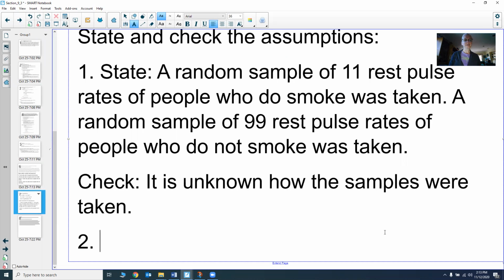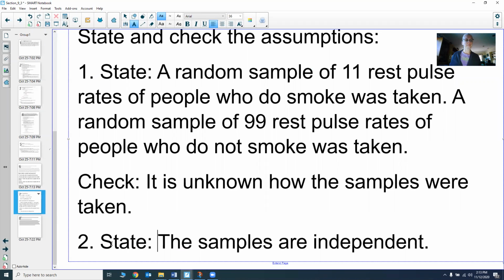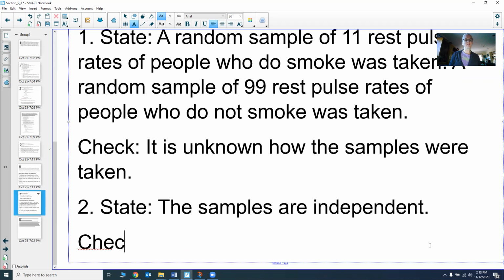The second assumption is that the samples are independent. And since I just said what the samples were up here, I don't need to say them again down here. So again, this is my stating, this is what's supposed to happen. It may not happen, but it's what's supposed to happen. This one, if it doesn't happen, then you do a different analysis.